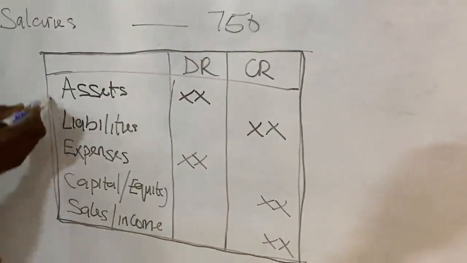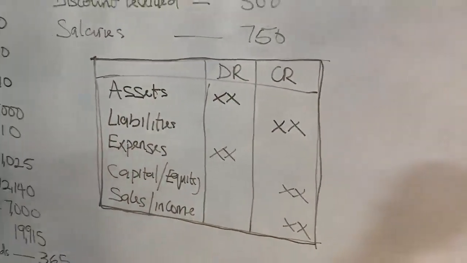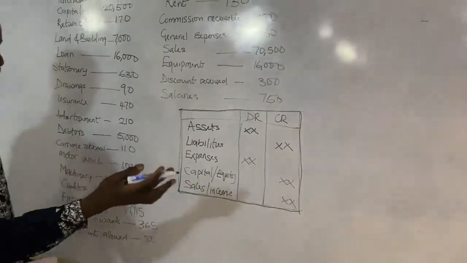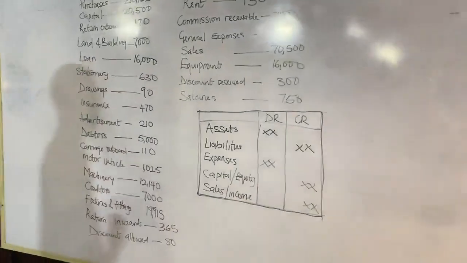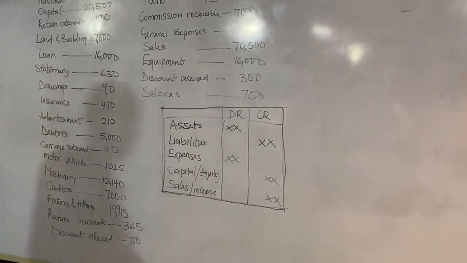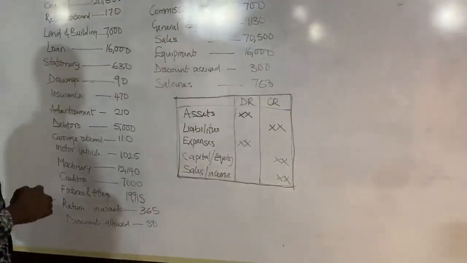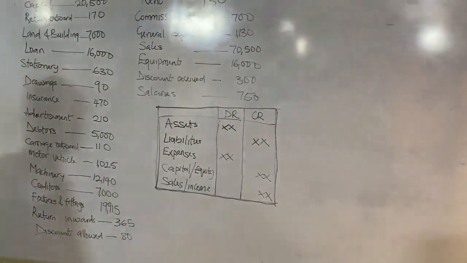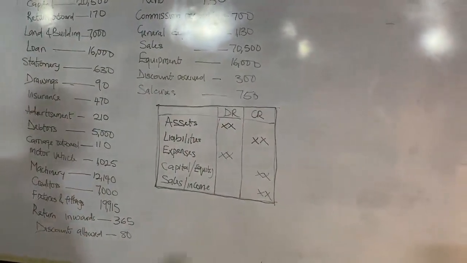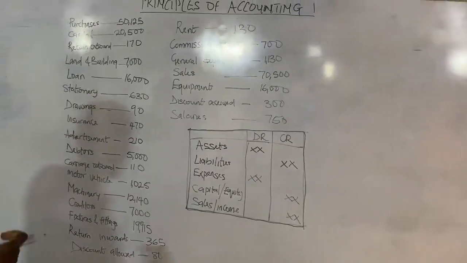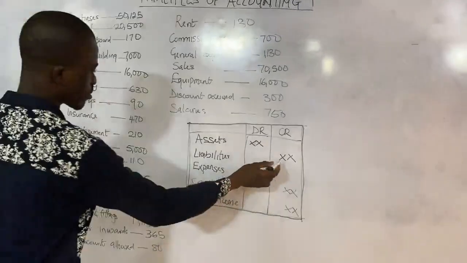I gave you a format that any transaction that is an asset, like motor vehicle, land and machinery, land and building, cash, anything assets, just put it at the debit side of the trial balance. If it is a liability, like loan or creditor, you put it at the credit side.